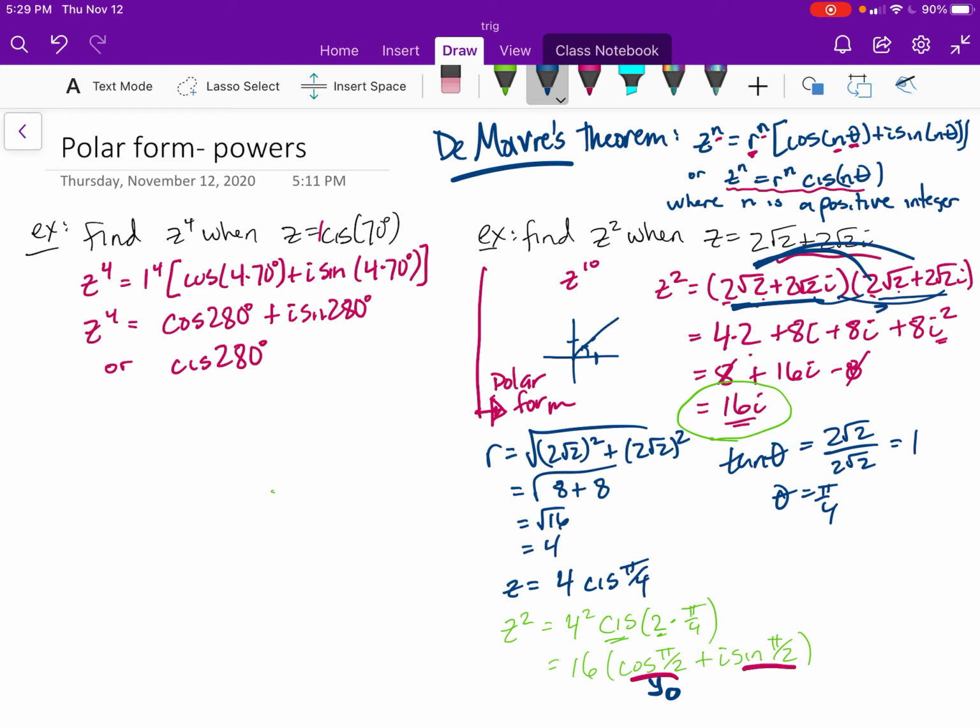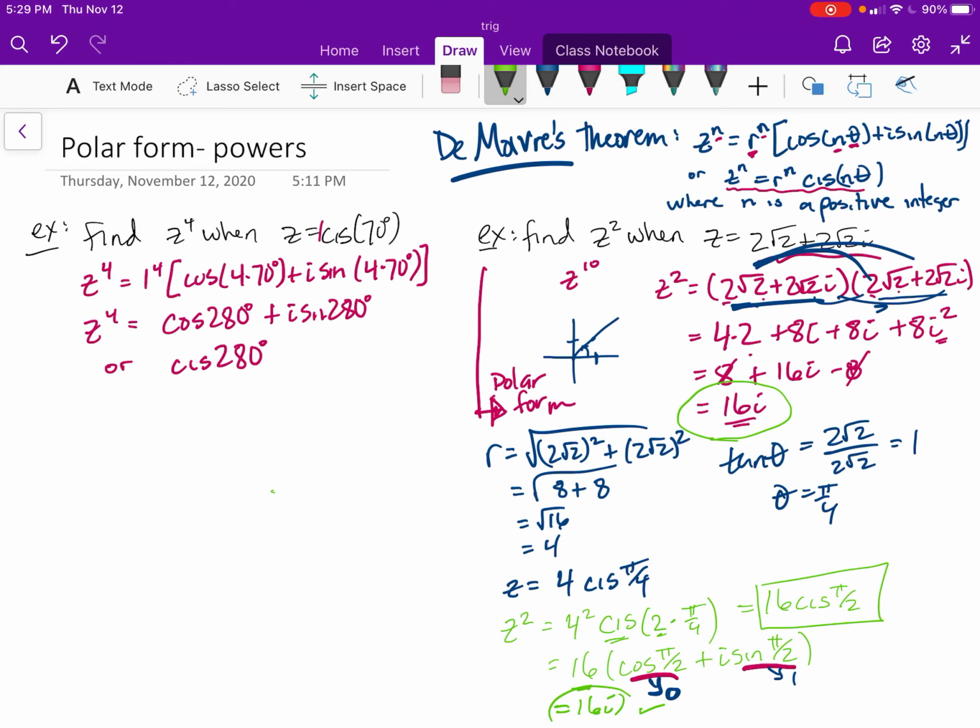And then sine of pi over 2, we get 1. Now we have this 16 on the outside, so when we distribute 0 plus 1i, we just get 16i. And it matches what we had above. Good to go. Now, if we weren't evaluating and checking our answer, we would have just left it as 16 cis pi over 2.